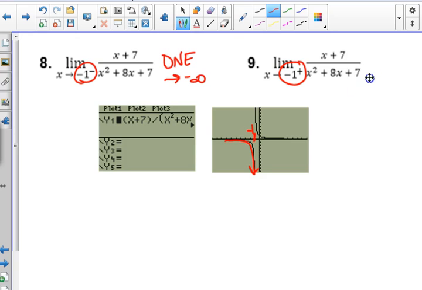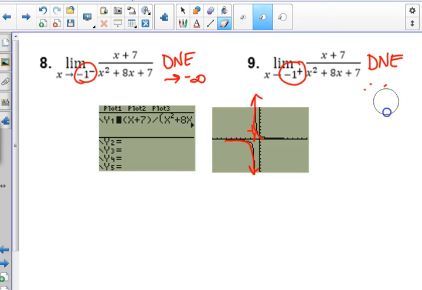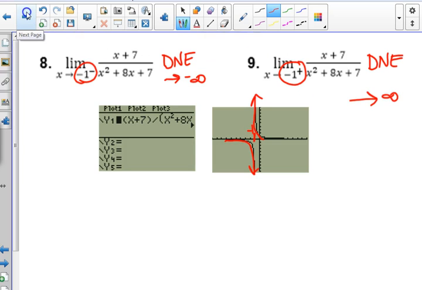Okay? Does not exist from the right, but it's going up, so approaches positive infinity. I don't know what I'm trying to write. Okay.